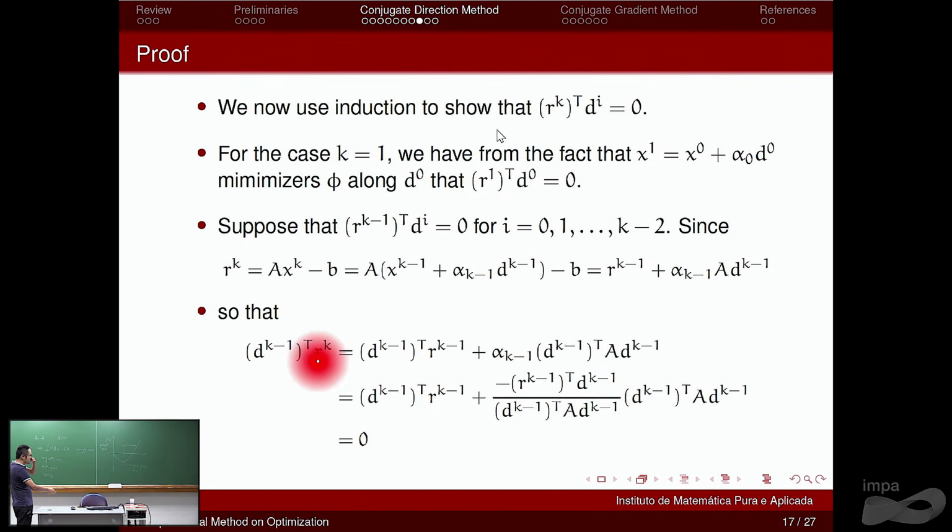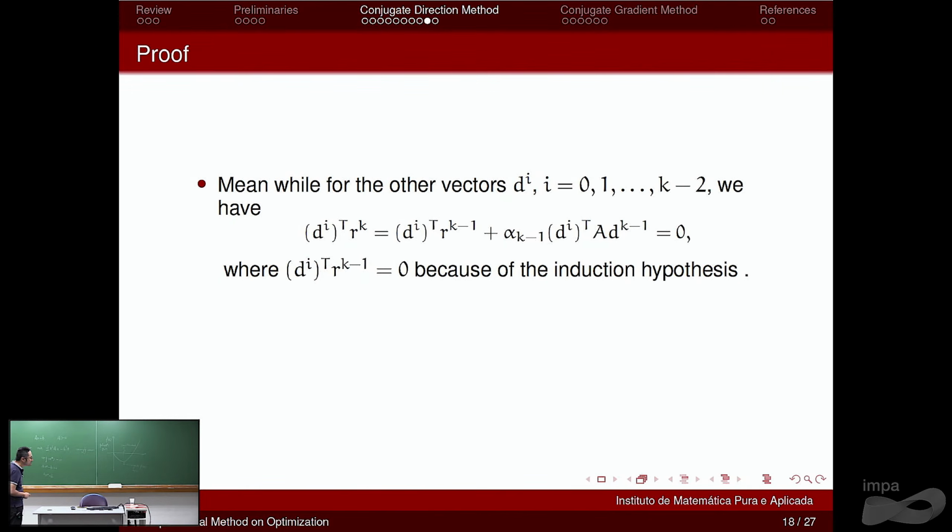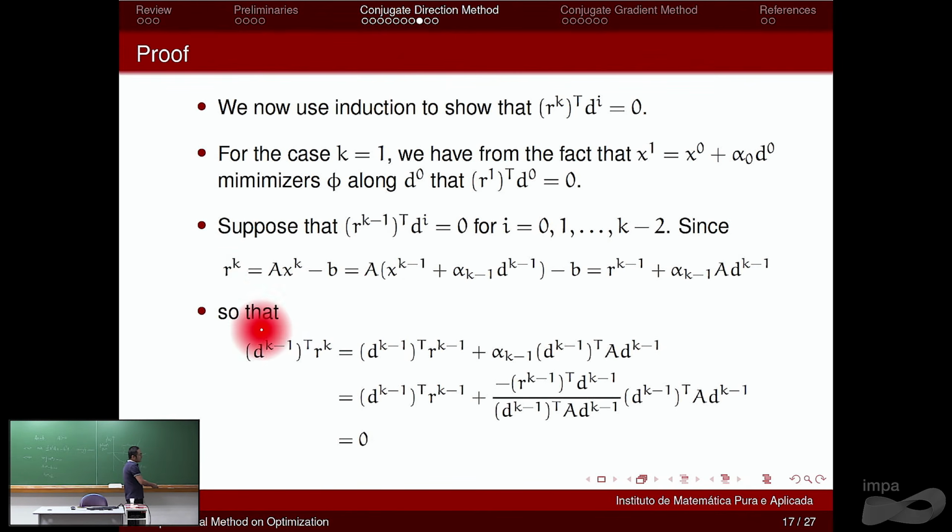So we have shown that dk minus 1 transpose rk equals 0. Meanwhile, for any other vector di, with i from 0 to k minus 2, di transpose rk is just equal to these terms, and we substitute rk minus 1 by this relation.